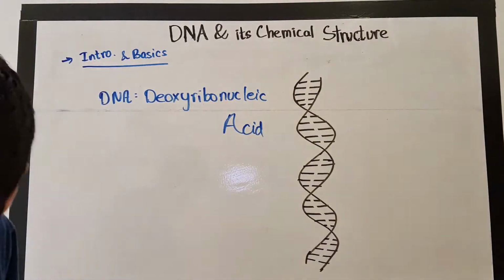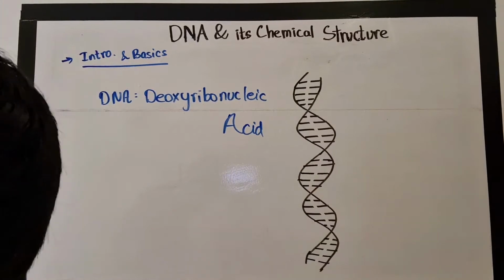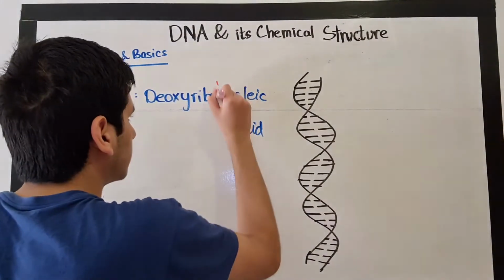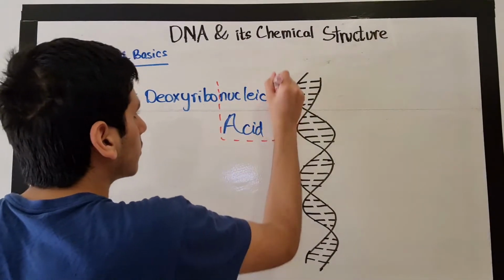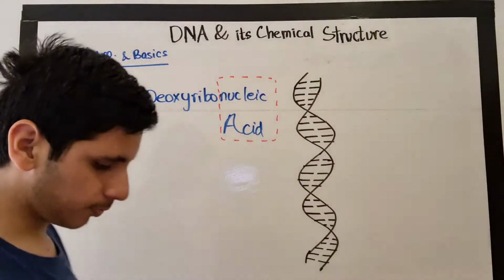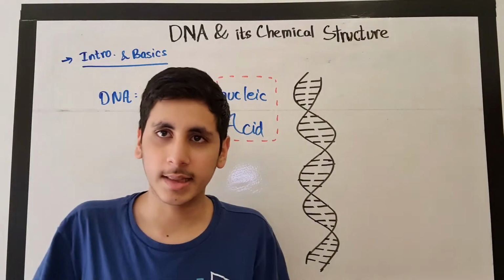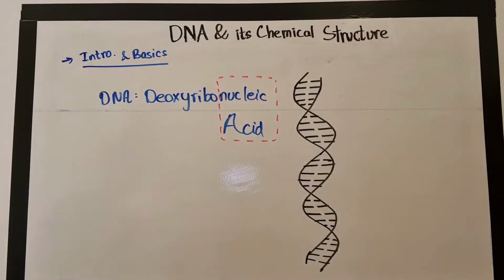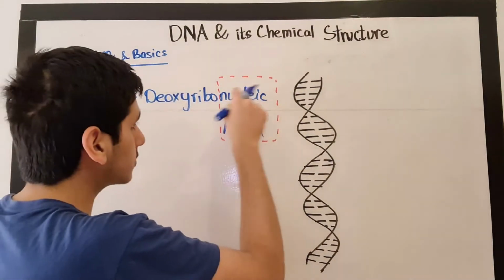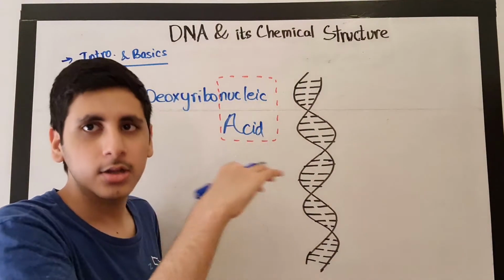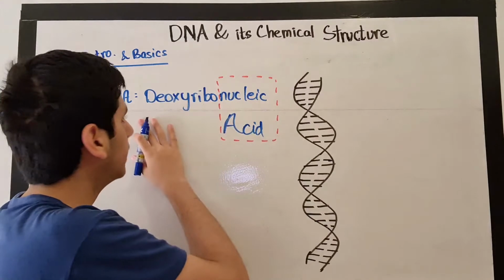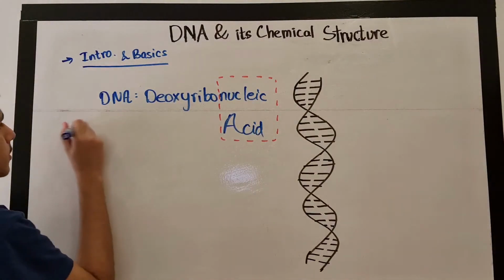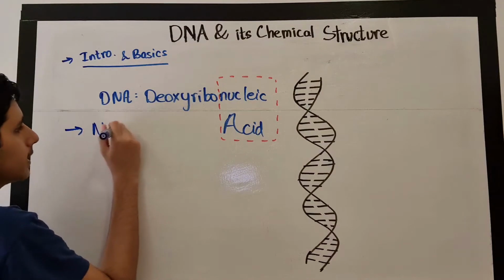The suffix nucleic acid would mean that it's actually one of the four essential biomolecules that help sustain life, because that's what a nucleic acid is. So I'm going to write that down. DNA, or deoxyribonucleic acid, which is the full form of DNA. So it's a nucleic acid.